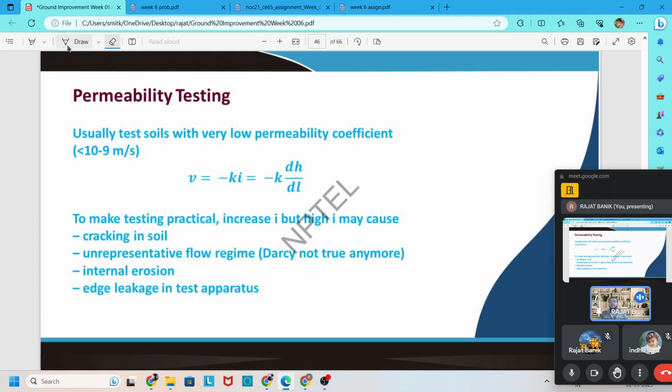First of all, we need to know the hydraulic gradient of the soil. Hydraulic gradient is nothing but the drop or loss of water head during the travel, divided by the length of water travel.